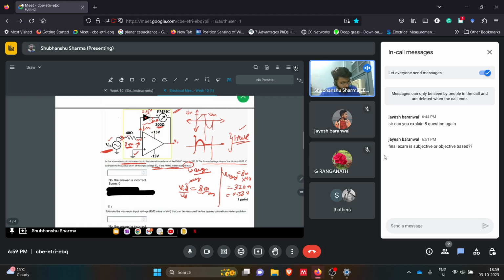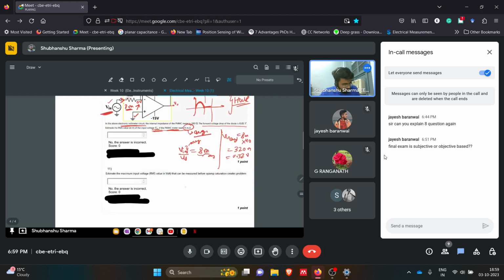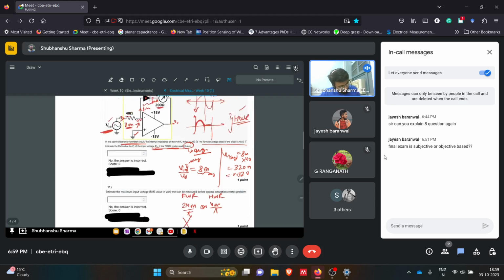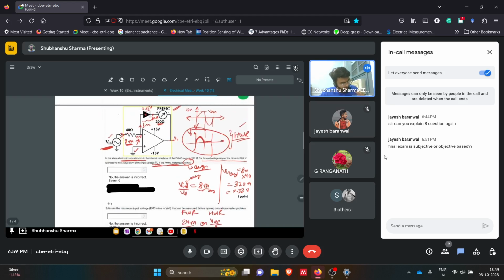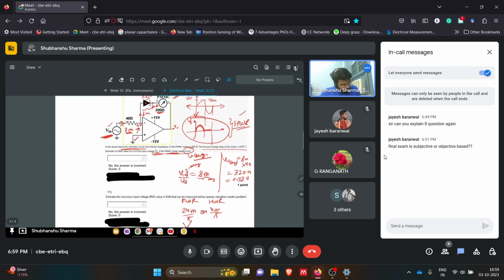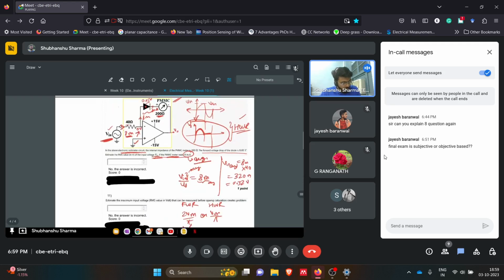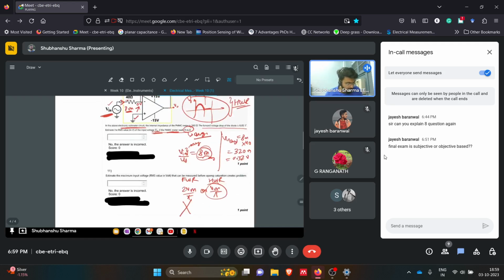Now for the formula, should I use Vm by pi or Vm by pi? For a sinusoidal signal there are two: this one is for half wave rectified, and this one is for full wave rectified. We will not use the full wave one because we already said this is a half wave rectifier output, meaning the current is only for the half wave of that signal.